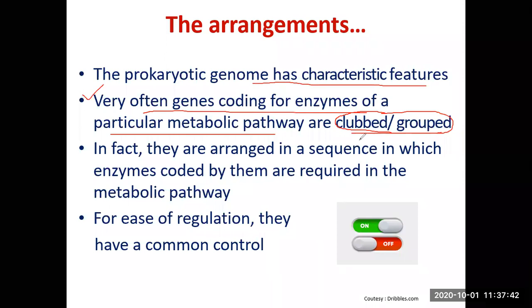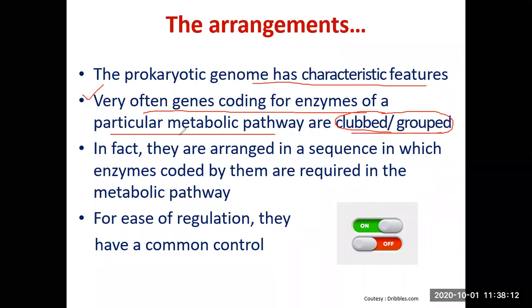So what is being done by nature is those genes which code for those 3 enzymes. There may be 3 genes, one gene one polypeptide, if the enzymes are simple proteins, or there may be more than one gene, 2 genes coding for 2 different subunits of a given enzyme, and those 2 subunits join to become an enzyme. So whatever may be the number of genes required for coding the proteins of those 3 enzymes, they are very often grouped, very often clubbed.